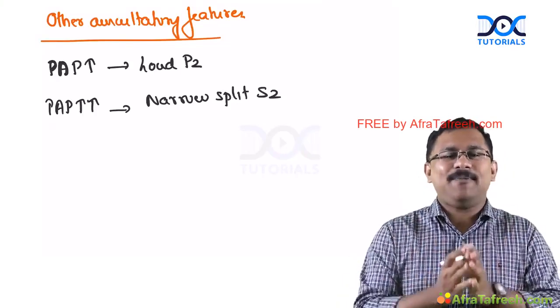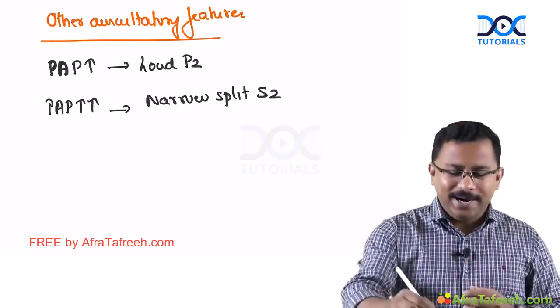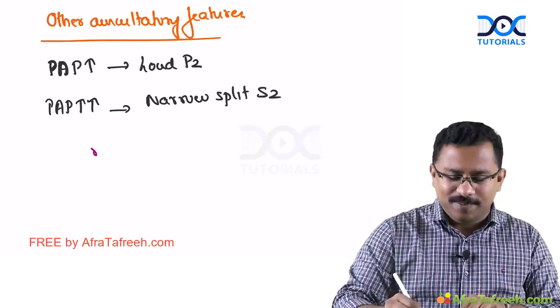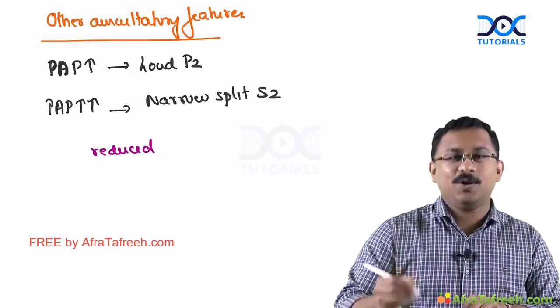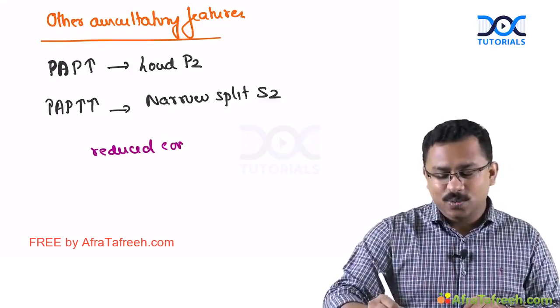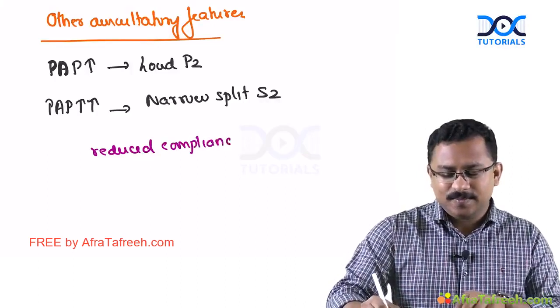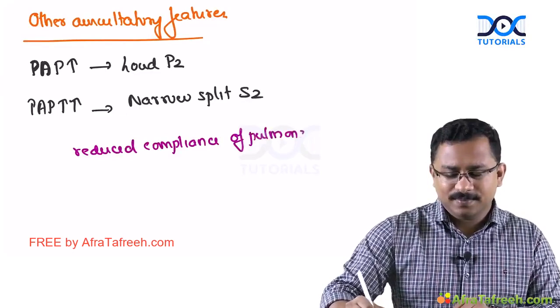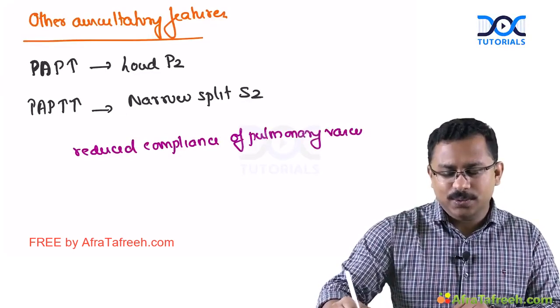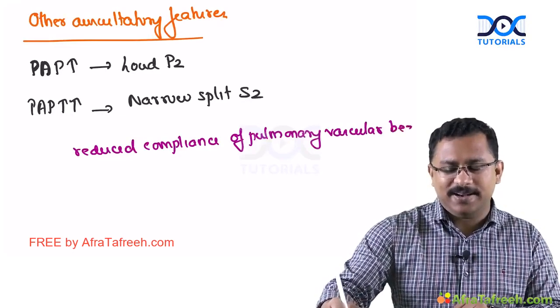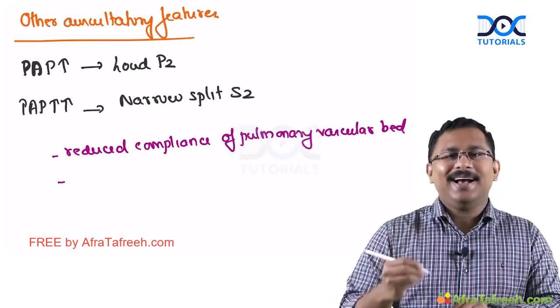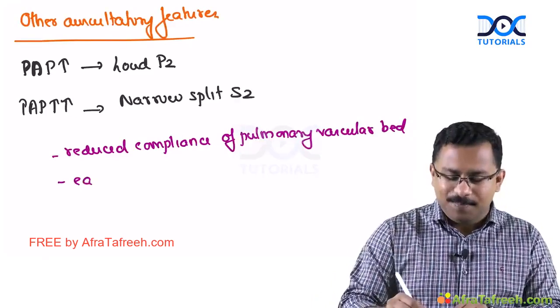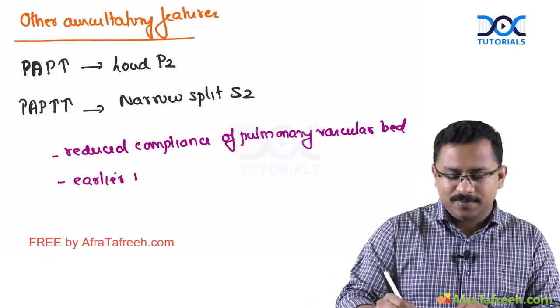Why does this happen? One is the reduced compliance of the pulmonary vascular bed in MS, and also there is an earlier pulmonic valve closure.